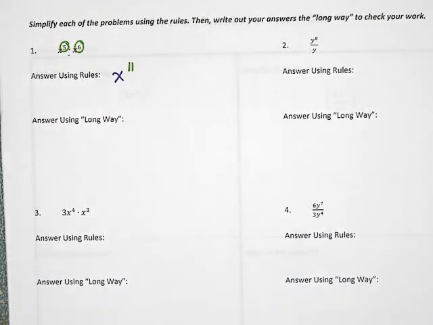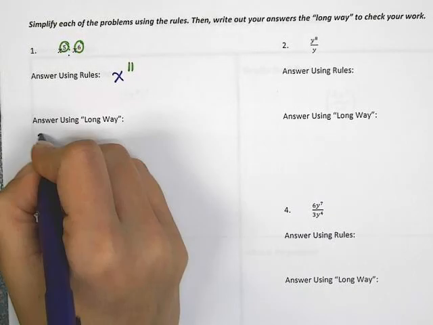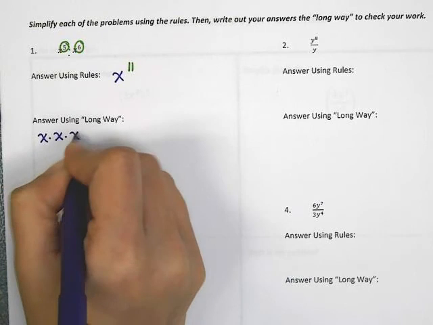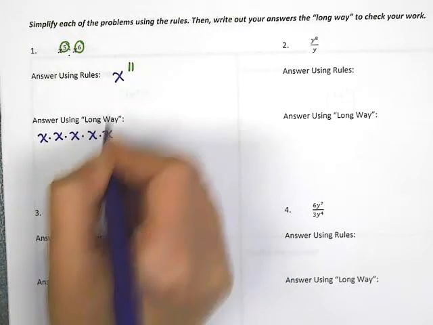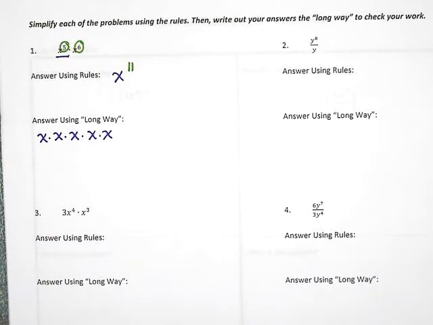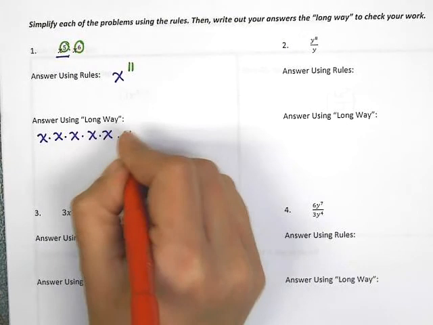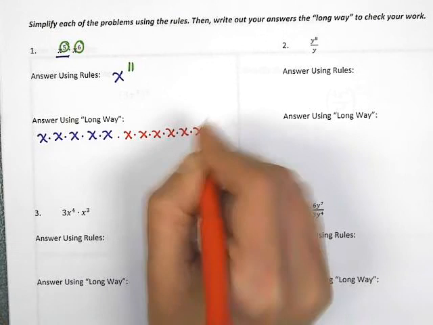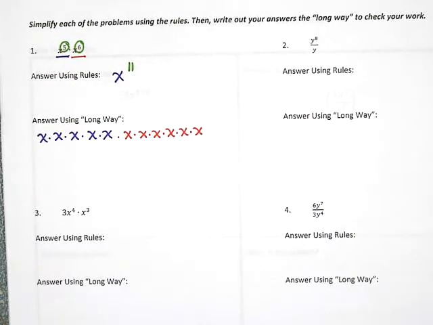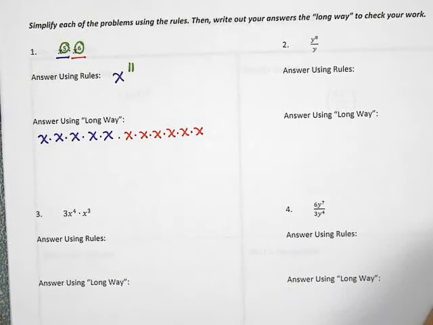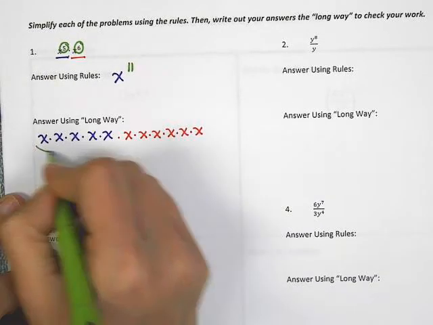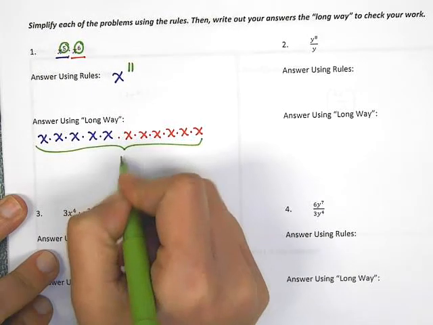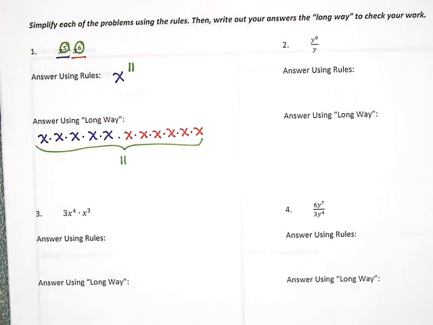Now if I want to write this out the long way, I could write x times x times x times x times x, that's 5 x's. And then I could write times x times x times x times x times x times x. That's 6 more. And all together, there would be 11 x's, which is why my new exponent is an 11. So we've checked ourselves. It makes sense the long way. It makes sense using a rule.